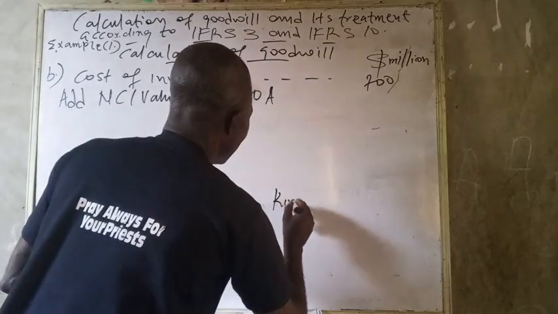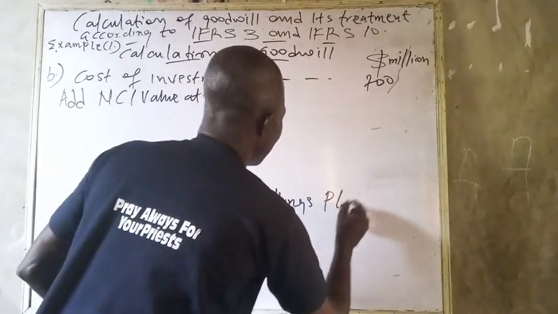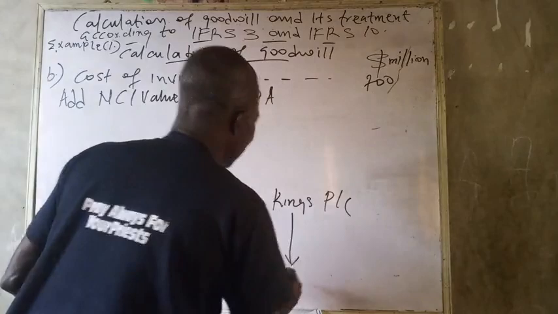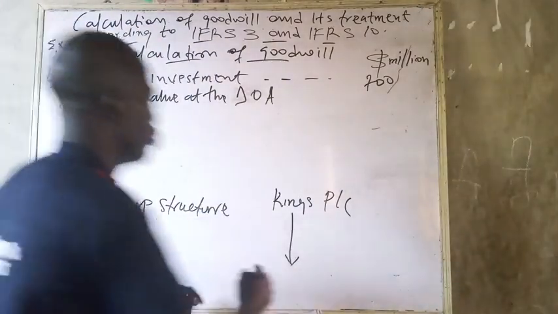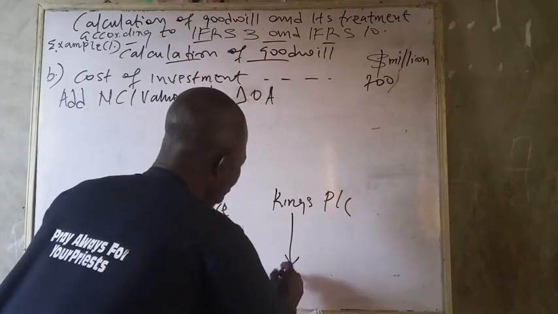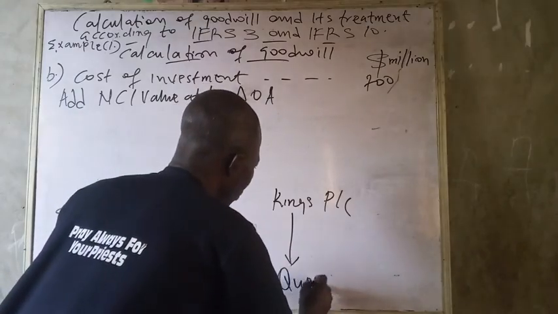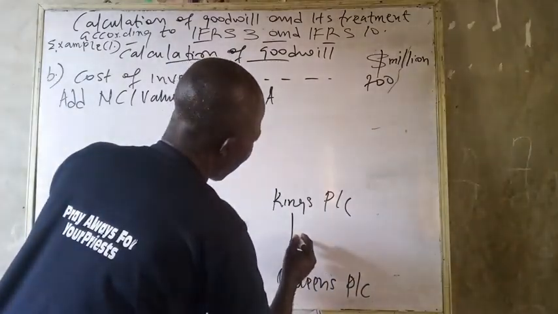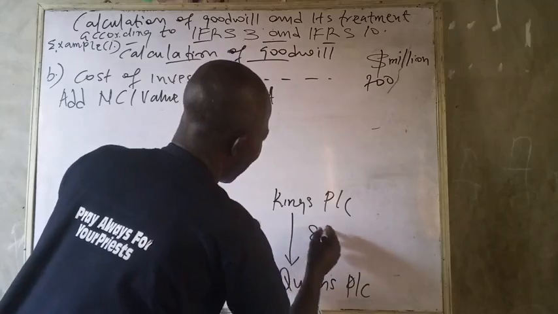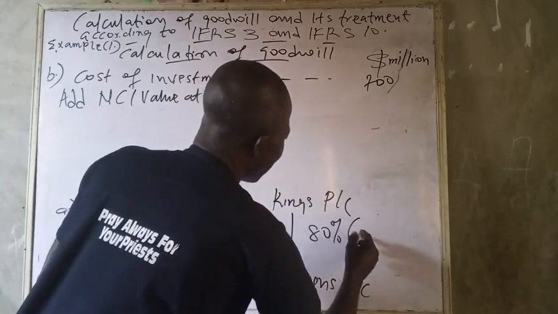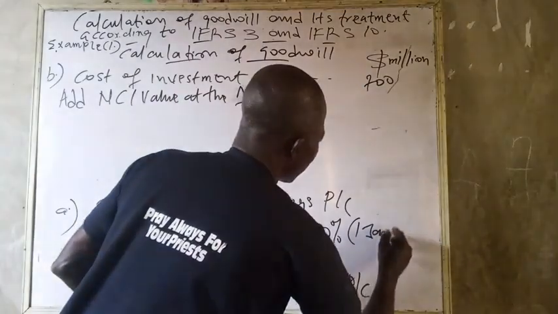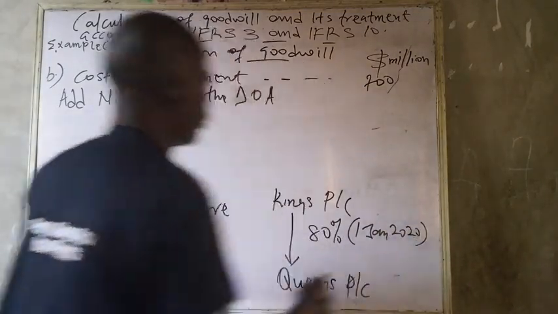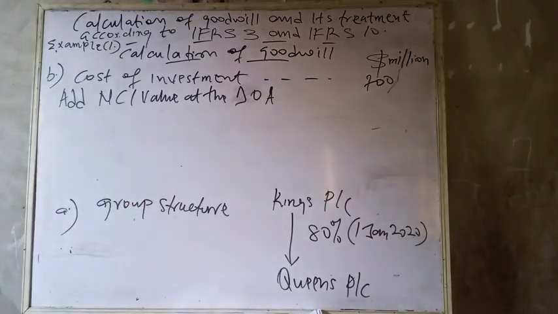Kings PLC. Kings PLC is acquiring shares of Queens PLC. How much is it acquiring? 80%. What date? 1st of January 2020. You can see that is the group structure.